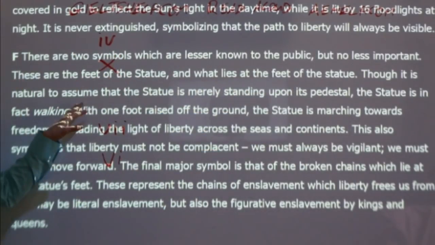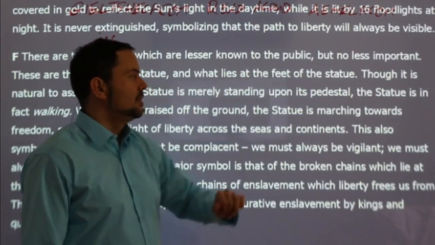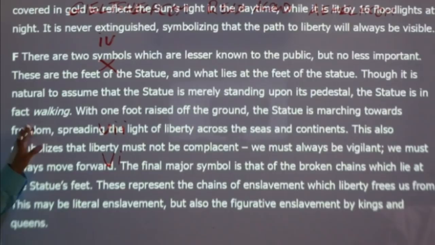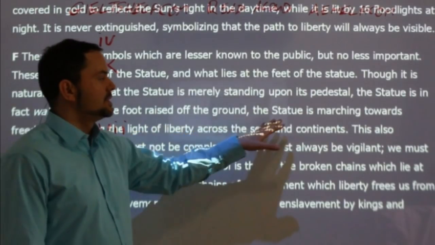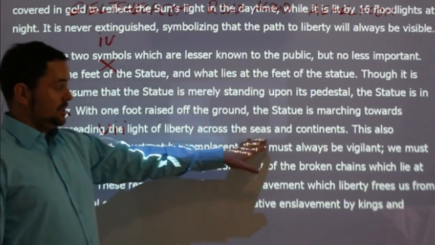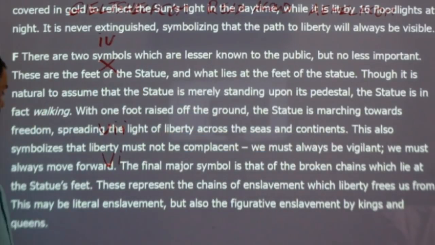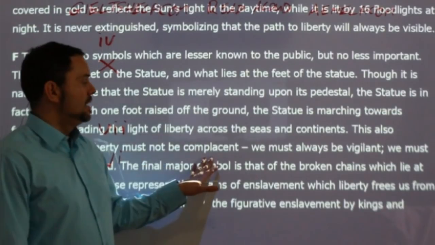Though it is natural to assume that the statue is merely standing upon its pedestal, the statue is in fact walking. With one foot raised off the ground, the statue is marching towards freedom, spreading the light of liberty across the seas and continents. This also symbolizes that liberty must not be complacent.